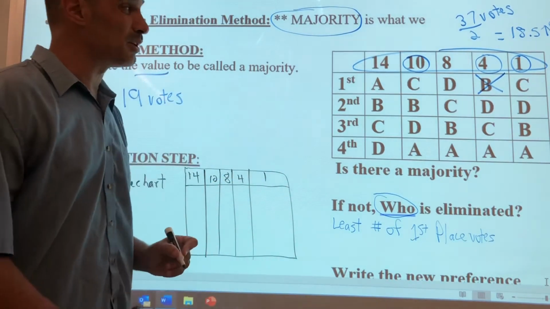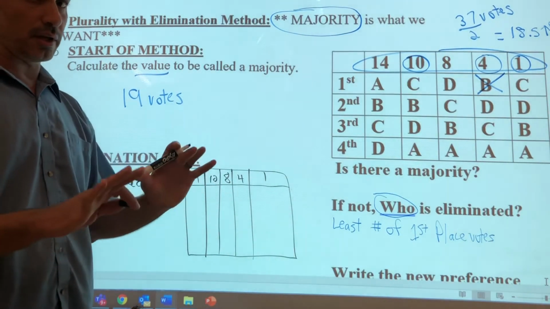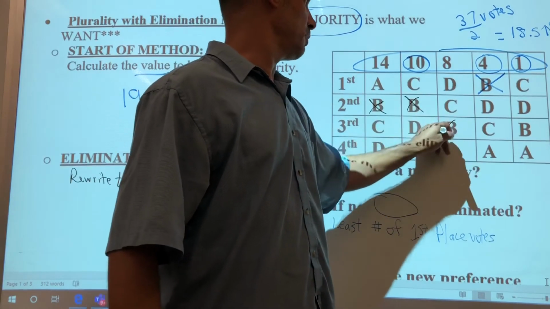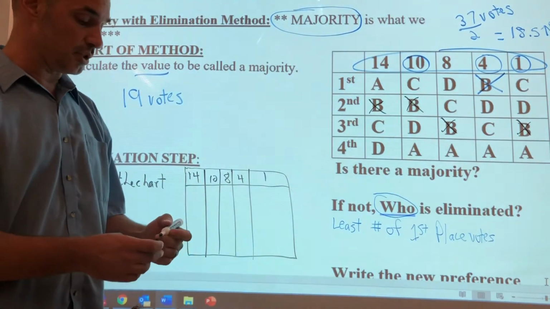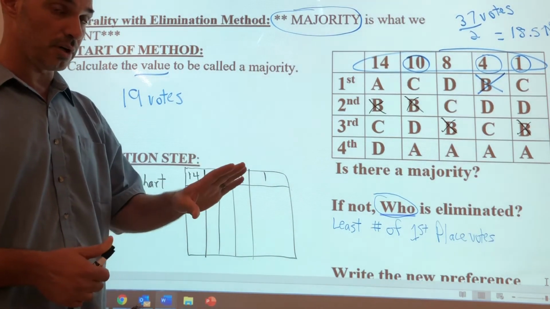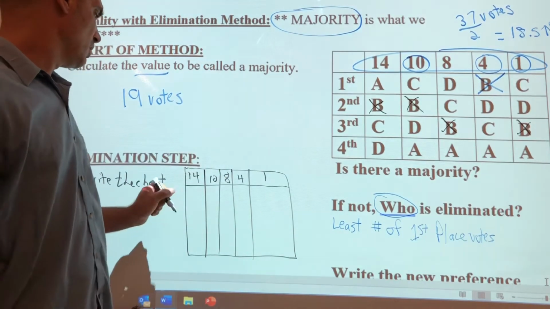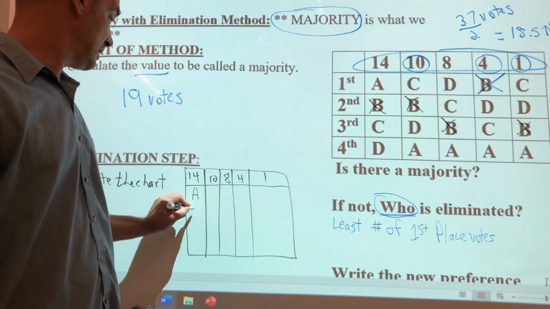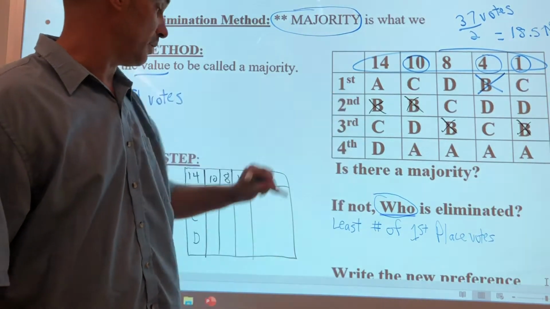And then I'm going to rewrite everything else except I'm going to eliminate everything that has a B in it. So I'm going to rewrite this chart without the letter B. So plurality with elimination means that I'm going to eliminate the candidate that had the least number of first place votes and then look at it again. So this would be A, C, D. Notice I've eliminated B.